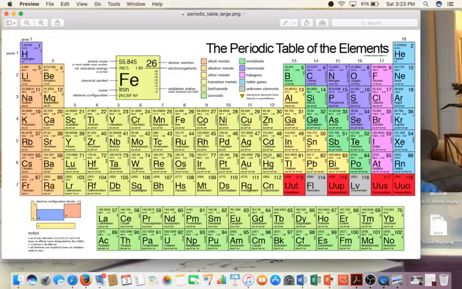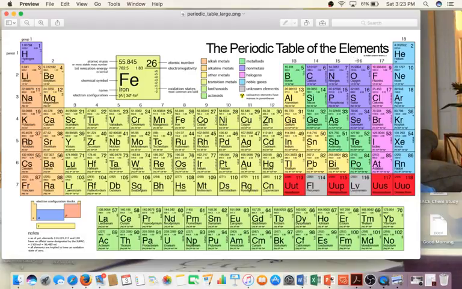So, starting with lithium down, in the alkali metals, the alkaline earth metals, your transition metals, your other metals, and some of your metalloids are going to be your metals, your cations.